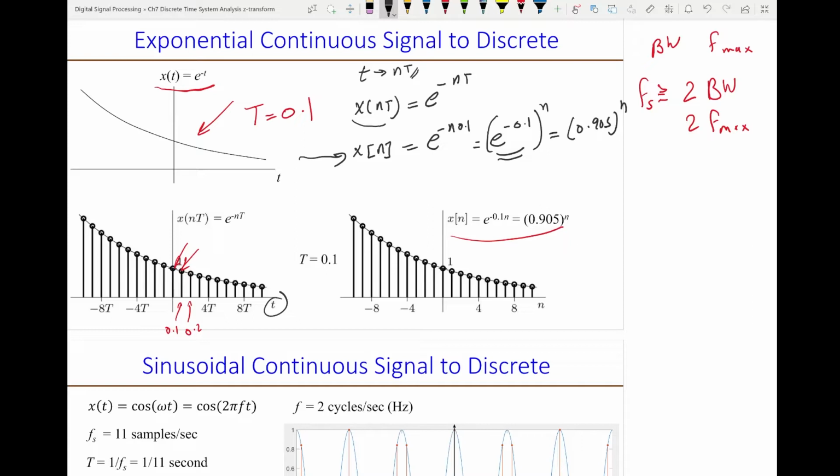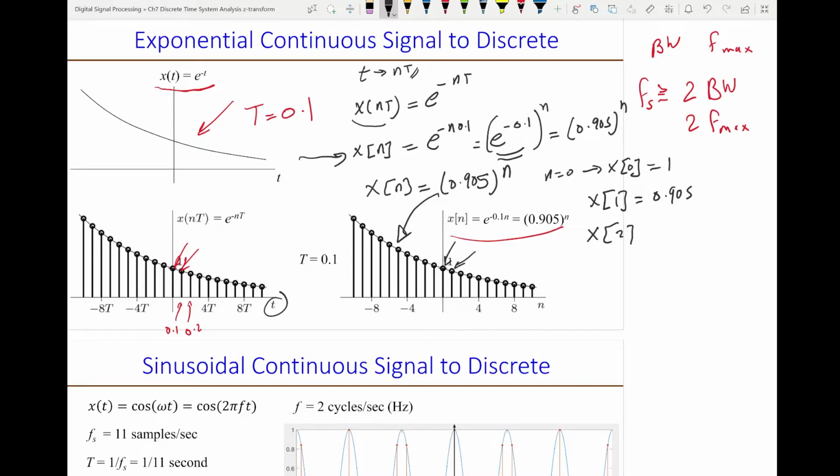And that will be the discrete signal, which is this. When n is 0, x of 0 will be 1, which is this sample. When n is 1, then x of 1 will be just 0.905, which is this sample. When n is 2, that will be around 0.81, which is this sample. So this is sample 1, 2, 3.